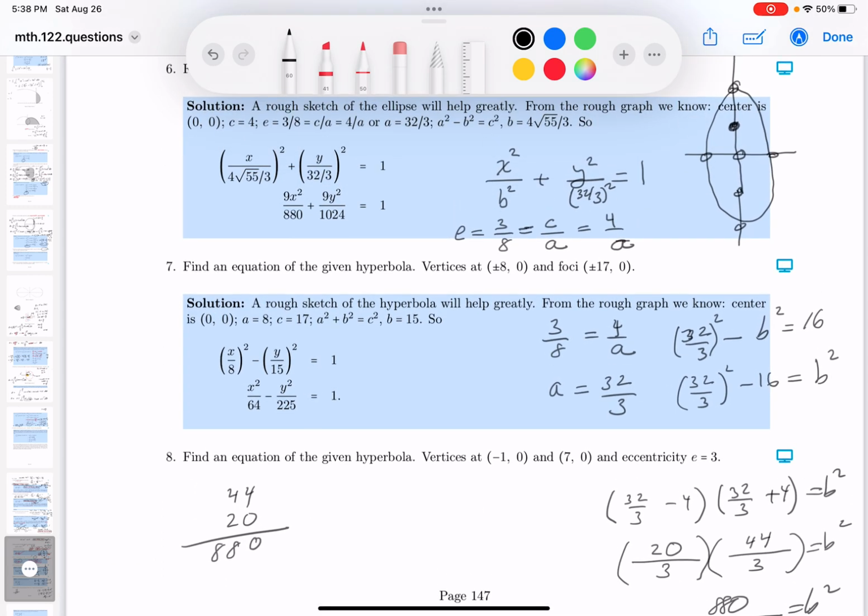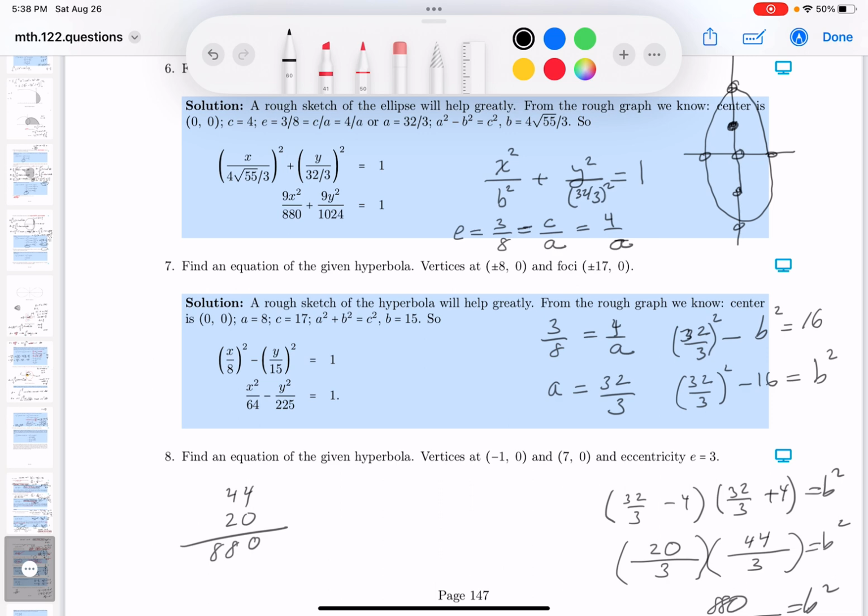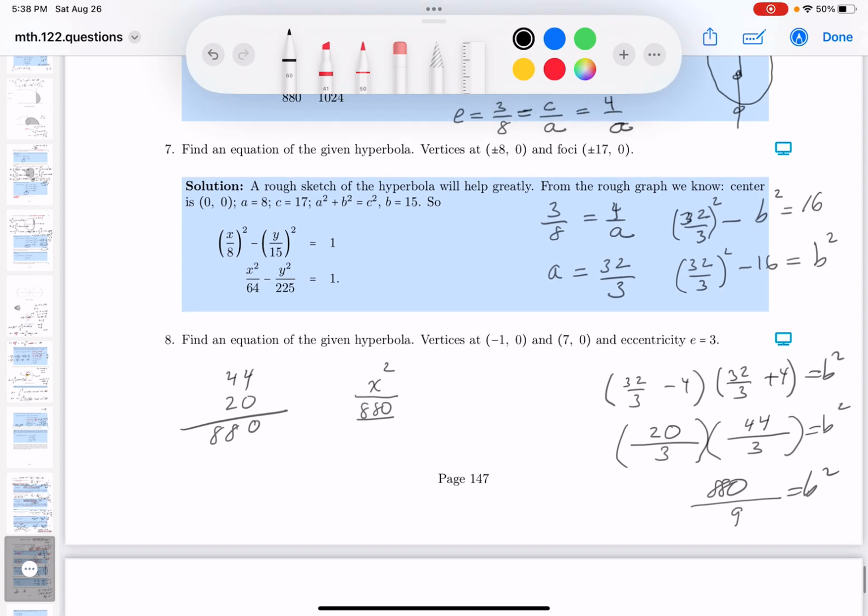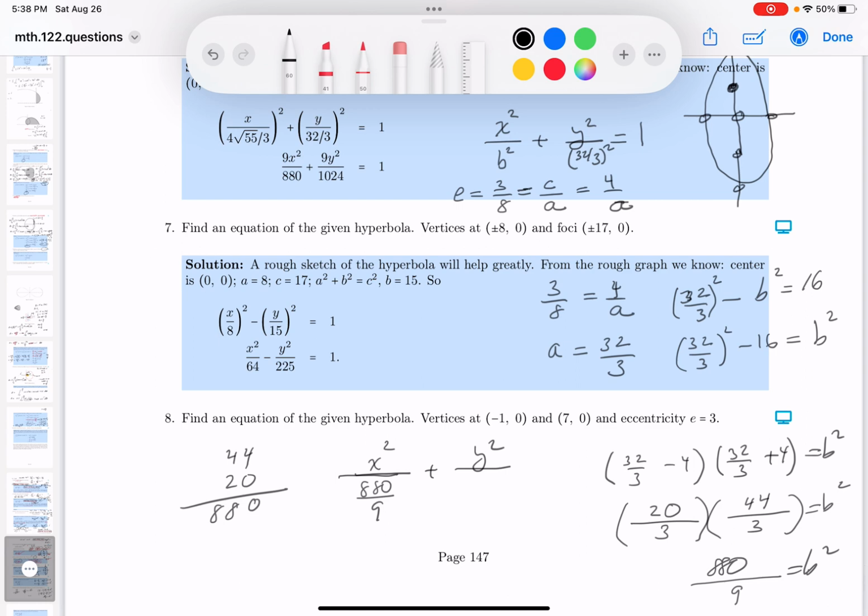All right, so let me go back over here. And I think I'm ready to write it down. And I'll try to do it over here. So it's going to be x squared over 880 over 9, I'll clean that up though, don't worry, plus y squared over 32 thirds squared.